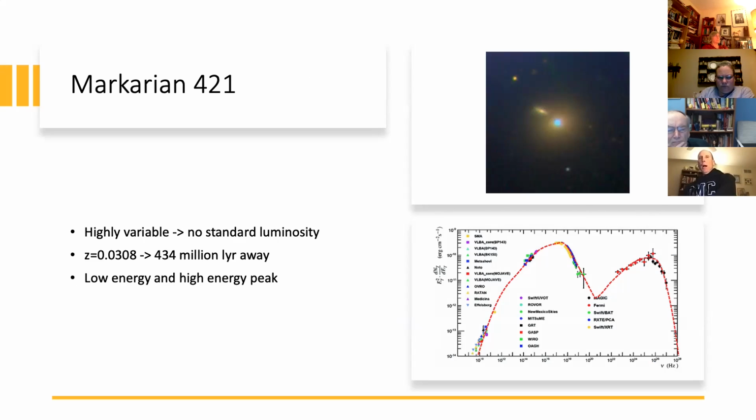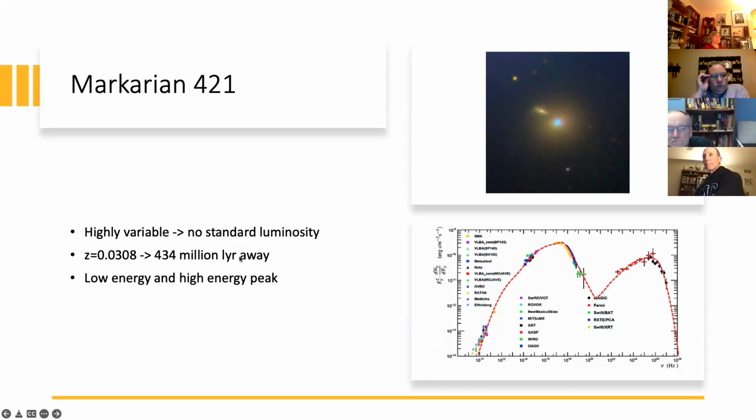It might be the brightest blazar, and it's highly variable with no standard luminosity value. It's 434 million light years away, which in terms of quasars isn't very close, but it's very rare to have a quasar oriented directly towards us. So this is actually as close as we're going to get with a blazar, 400 million light years away.